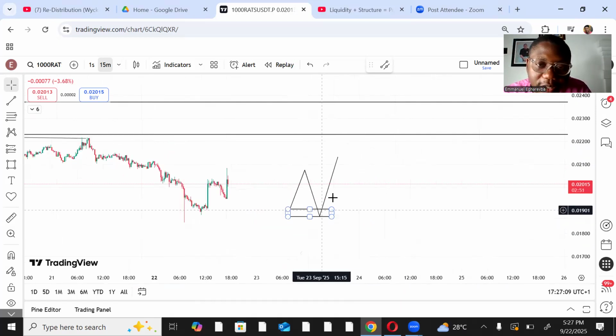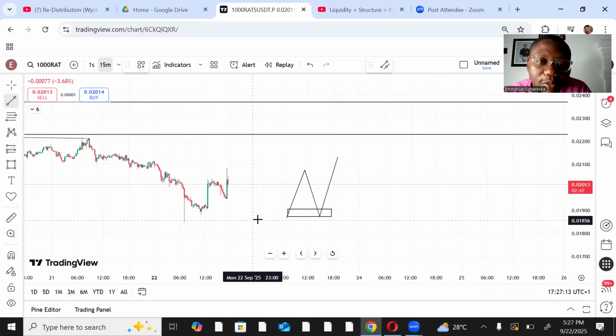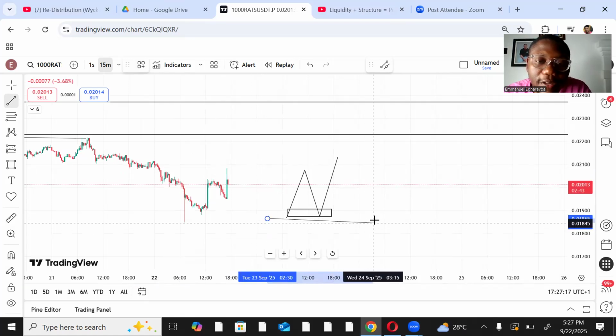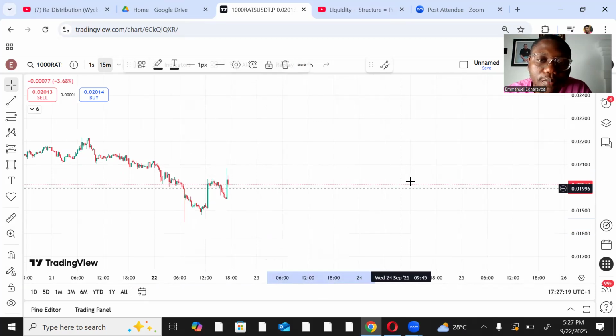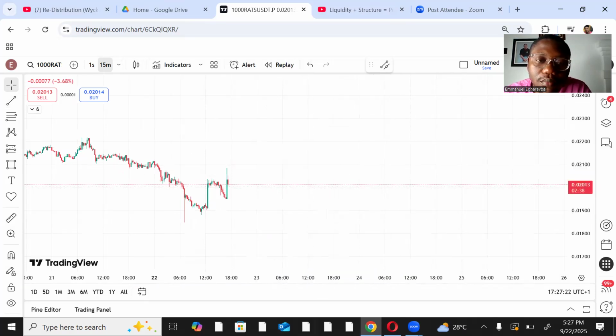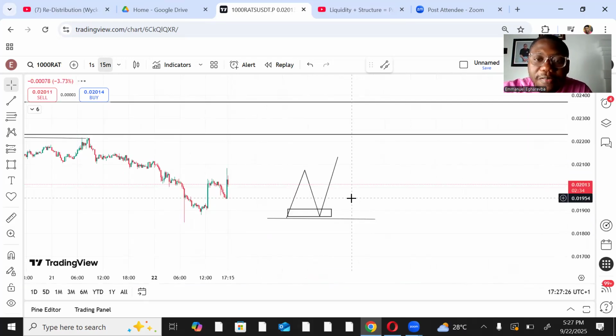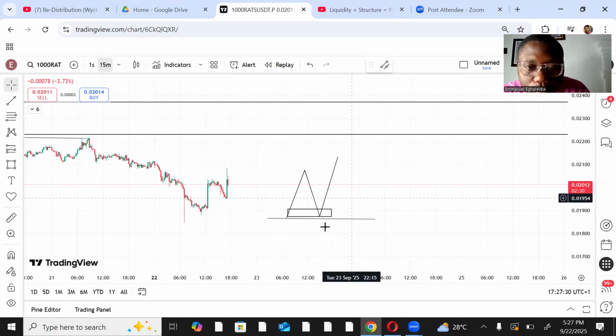right? Price respects another block. The liquidity is usually going to be resting below this low. This is where you find your liquidity, below the low. All right? You are definitely going to be finding your liquidity below the low.